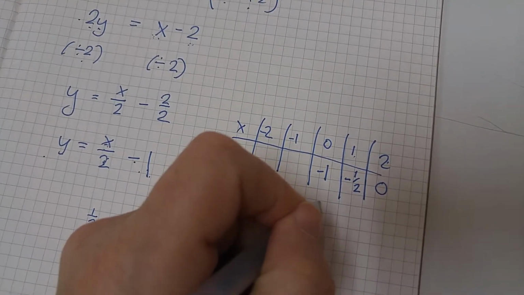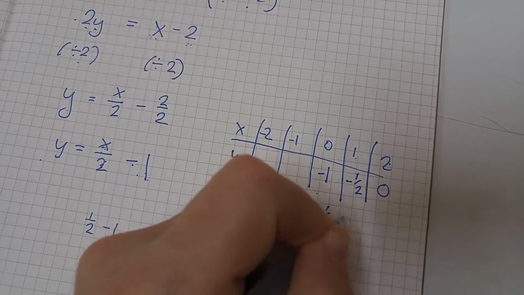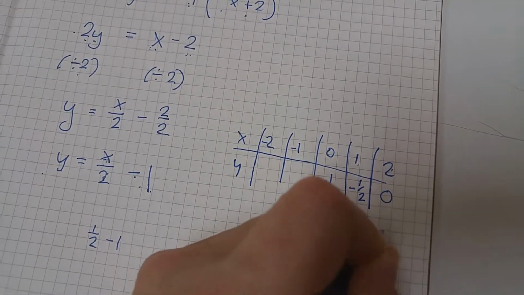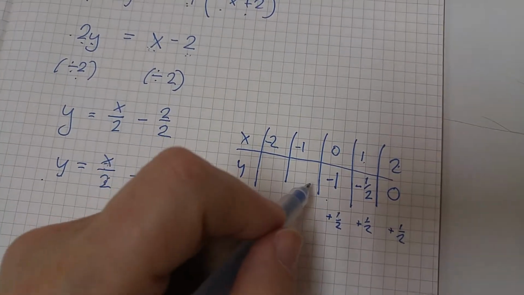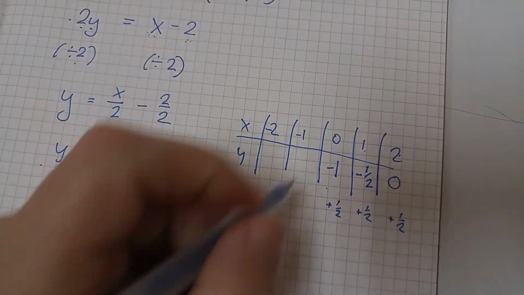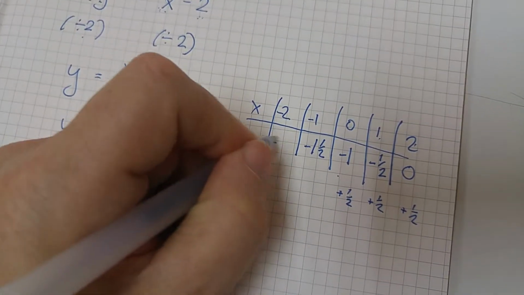Now I can see a pattern developing here, and I am adding a half each time. So this one should be minus 1.5, and this one will be minus 2.